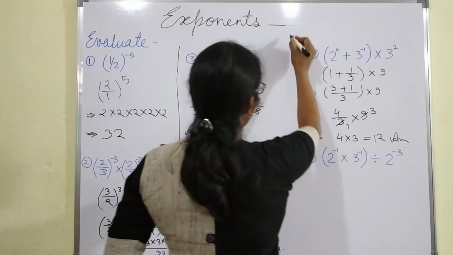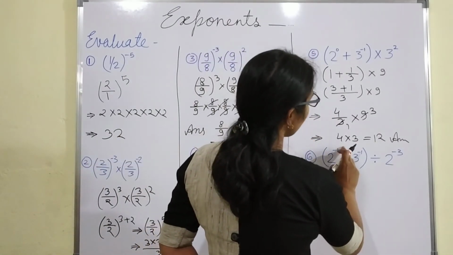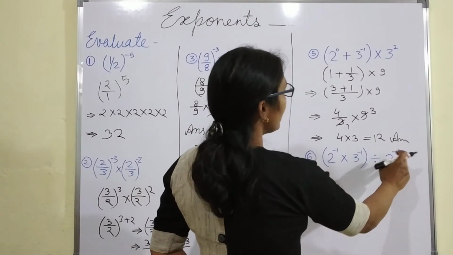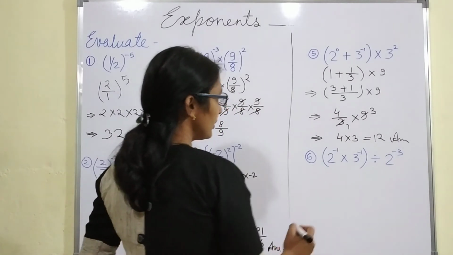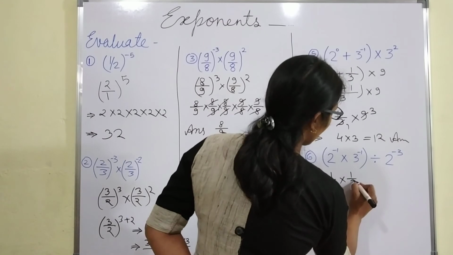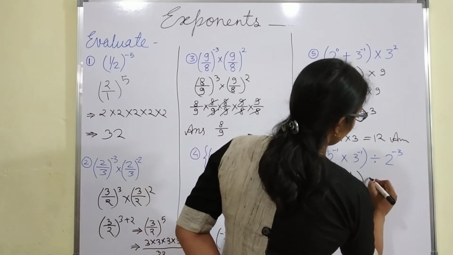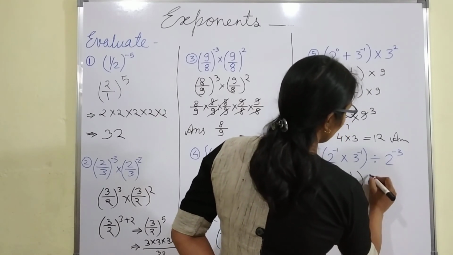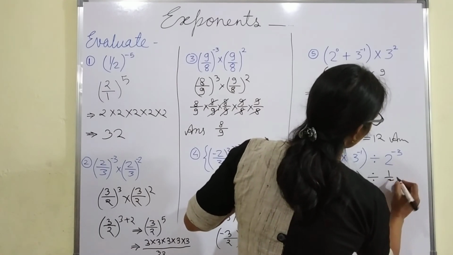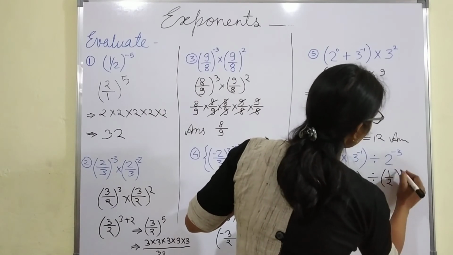Now the next question is 2 to the power minus 1 into 3 to the power minus 1 divided by 2 to the power minus 3. So 1 upon 2 into 1 upon 3, divided by 1 upon 2 whole power 3.